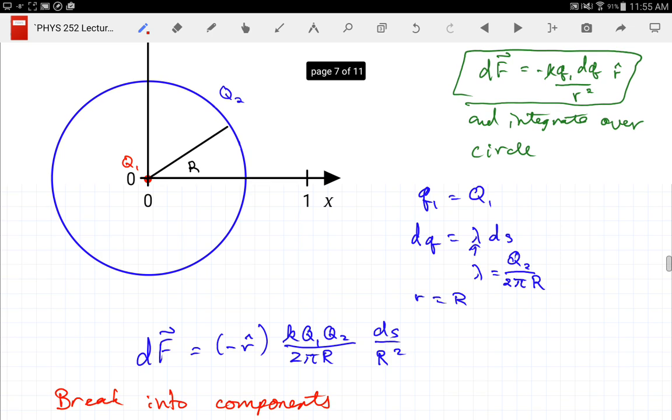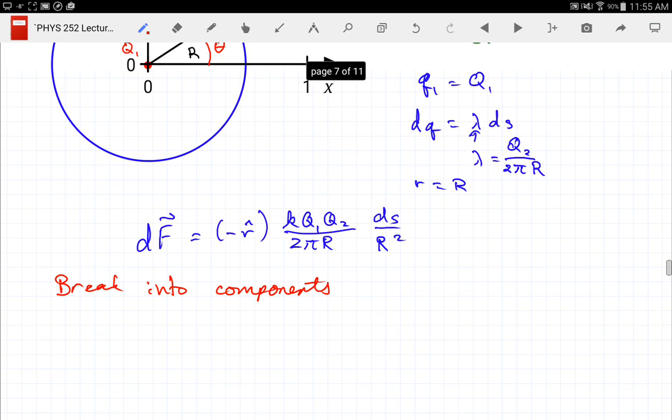So let us say I have this angle theta here. Make life simple for me. Based on that angle theta, if my r hat vector is pointing along that line, then how much of the component is in the x direction?